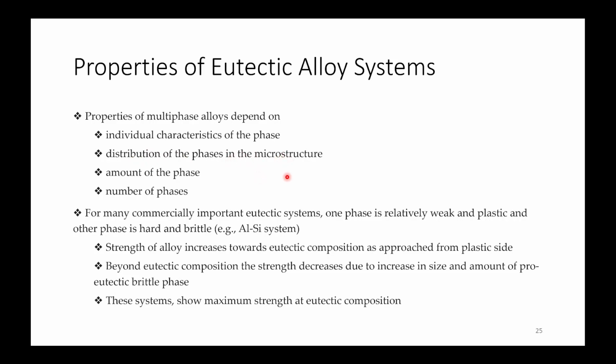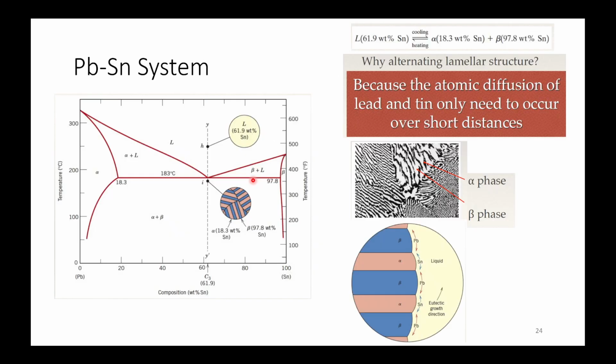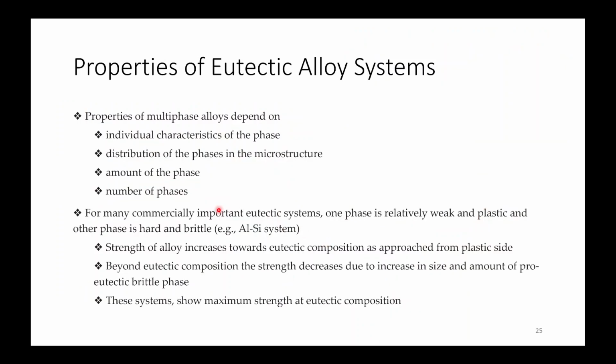For example, if your eutectic type of mixture is there, if these plates are very small, fine in size, then this will give improved properties. And the amount of the phase, how much of the phase is present and how many phases are present, these all will decide the properties of your alloy.